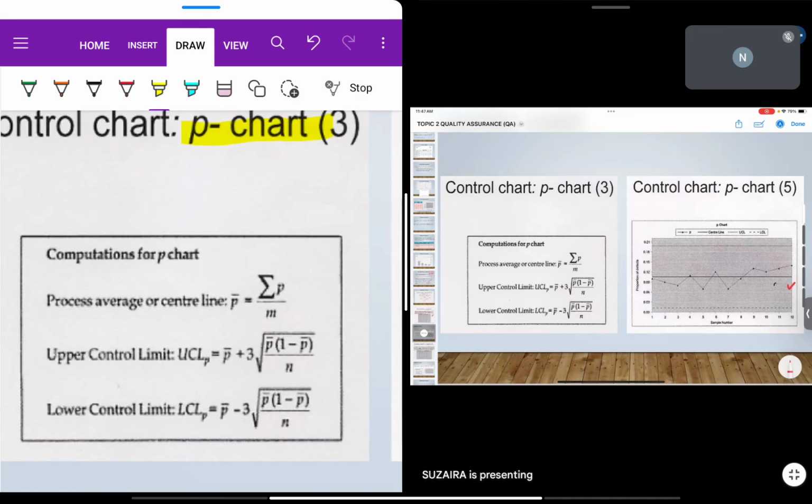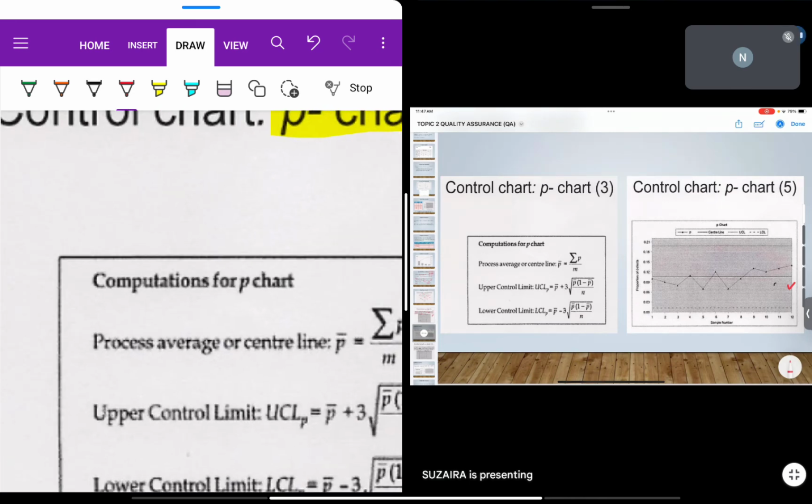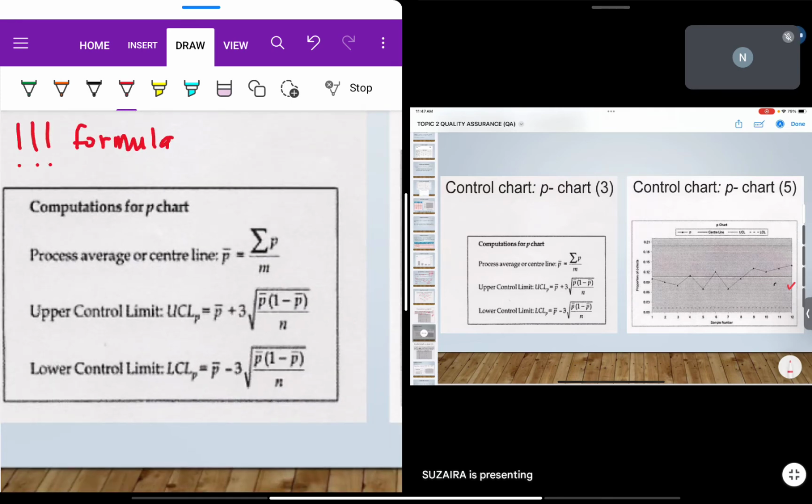Even though you talk about the X chart, R chart, P chart, and also C chart, they have different equations to calculate the UCL and also the LCL. Even for this one, the P bar, if we talk about the C chart, you have a C bar.